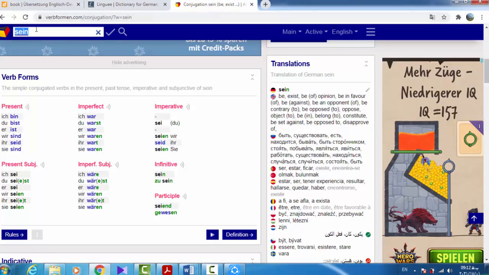Another website is Webformen, webformen.com. For example, you see that I searched the verb sein, and the forms are listed here: ich bin, du bist, er ist, and the other subjects are listed here.